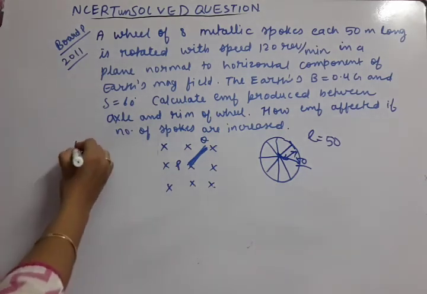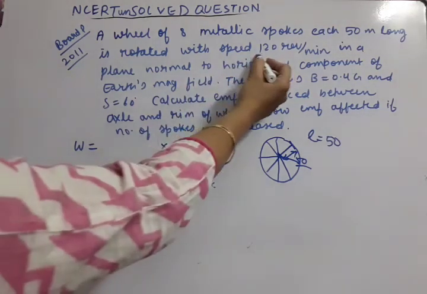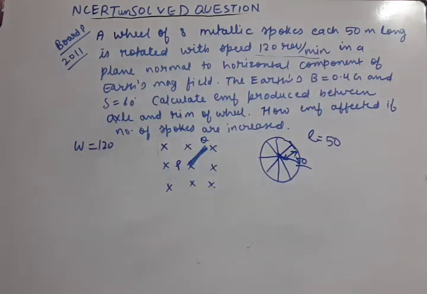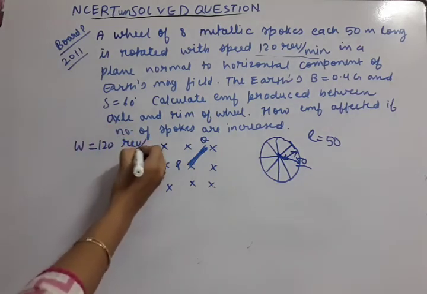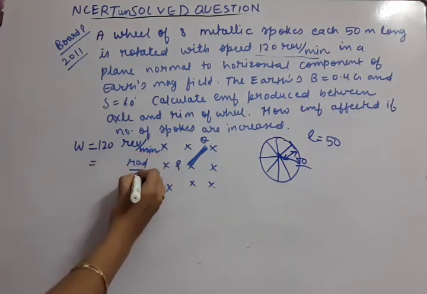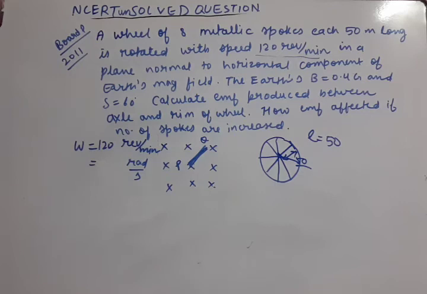So what is the omega given? That is 120 revolution per minute. Now this is not the proper unit. We need to convert it into radian per second, which is the proper SI unit.